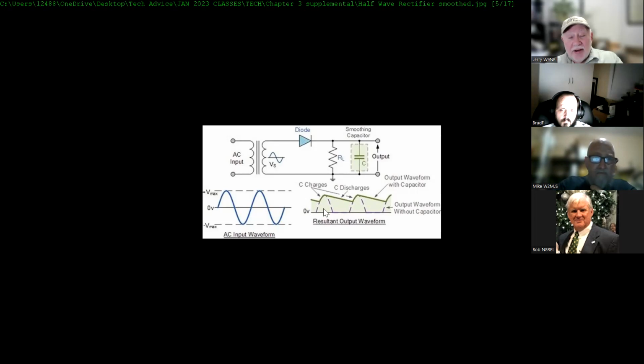So instead of having a very lumpy output, it's closer and closer to direct current. There's still a little bit of lumpiness here. It's called ripple. And you can cure that in different ways. If you use a very, very large capacitor, the ripple goes way down. And there are voltage regulator circuits that will make the ripple even lower. Okay, any questions on that?